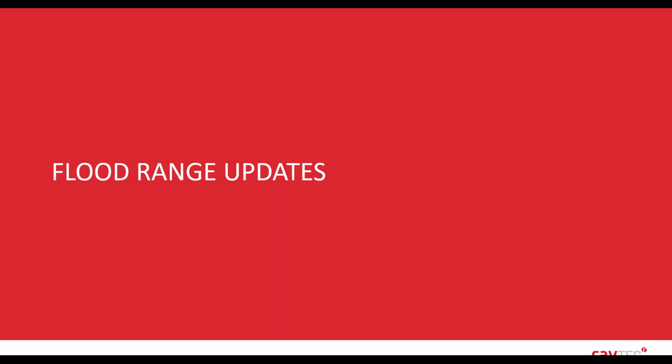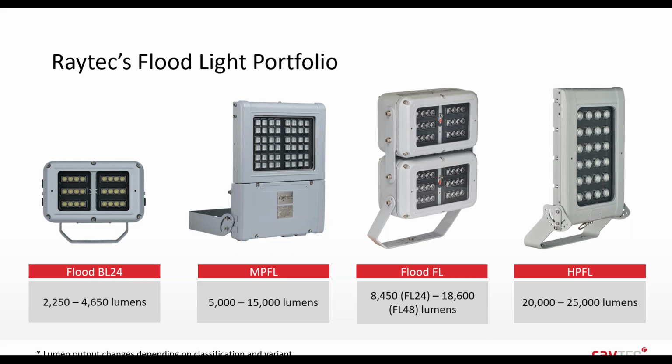Now that we've been through the new features of the mid-power flood and bay products, we thought it would be a good opportunity to explore the complete Raytec flood range portfolio and update you with any new product updates within the range. So Raytec's flood range now offers luminaire options to suit a wide range of applications.